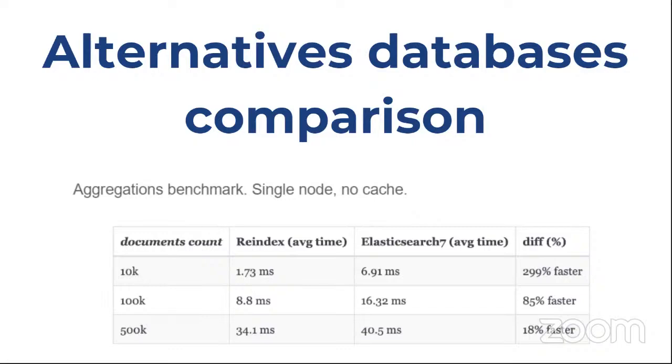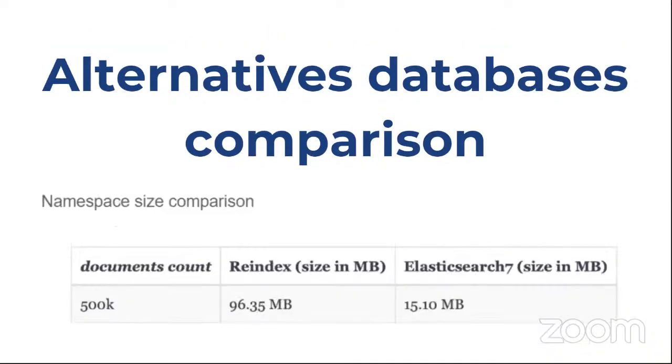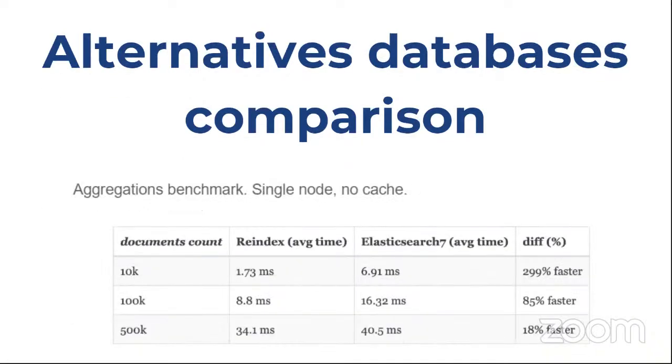About aggregation testing, in the Reindex repo there are a lot of performance tests, but we didn't find any aggregation test benchmarks. So we decided to run some tests against the Elasticsearch database, and you can see results here.